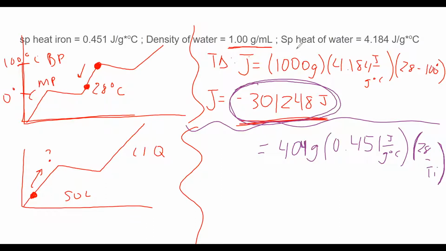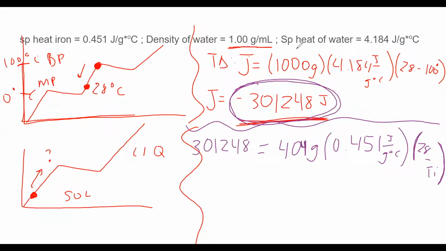Because this is an insulated beaker, the energy lost by the water was all gained by the iron. Because this is a closed system, those two substances can only exchange energy with each other. So we can assume that this amount of energy was the amount that the iron gained when it got dropped into the hot water and heated up.